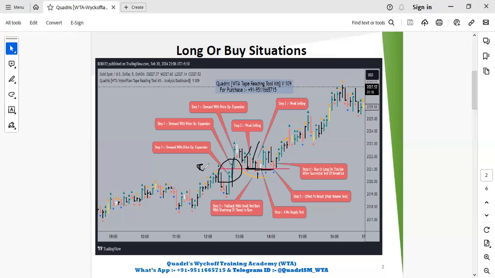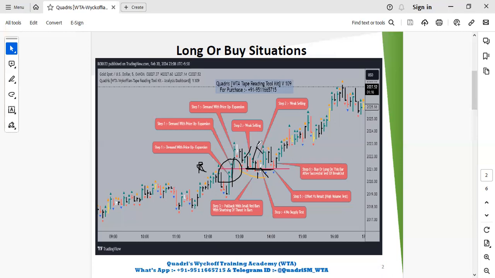And the third thing to add to the story is that this spring is occurring on previous resistance, which was engulfed by demand, and later on we had a no supply trending over here.